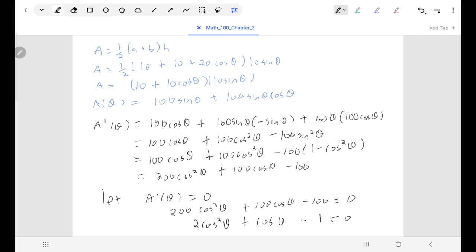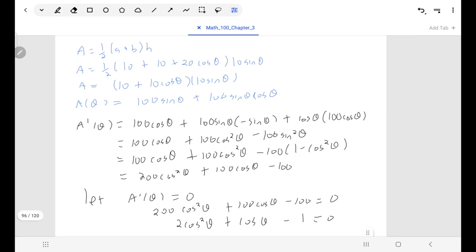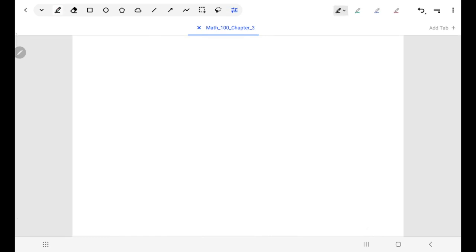You could do a little bit of factoring here, letting u be cosine and u squared being cosine squared, and then eventually you would get it to factor. And it would factor as 2 cosine minus 1 times cosine plus 1.